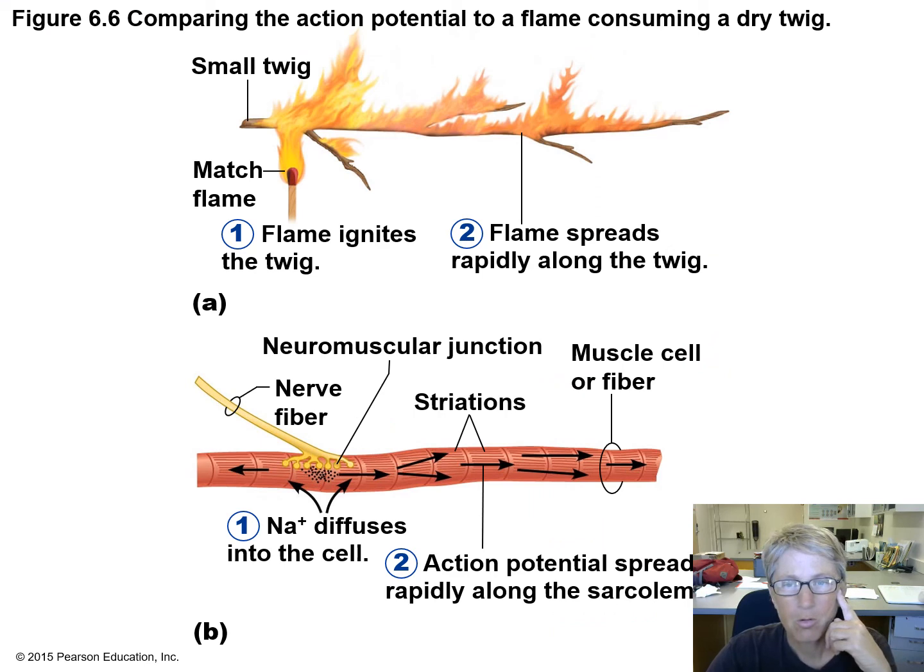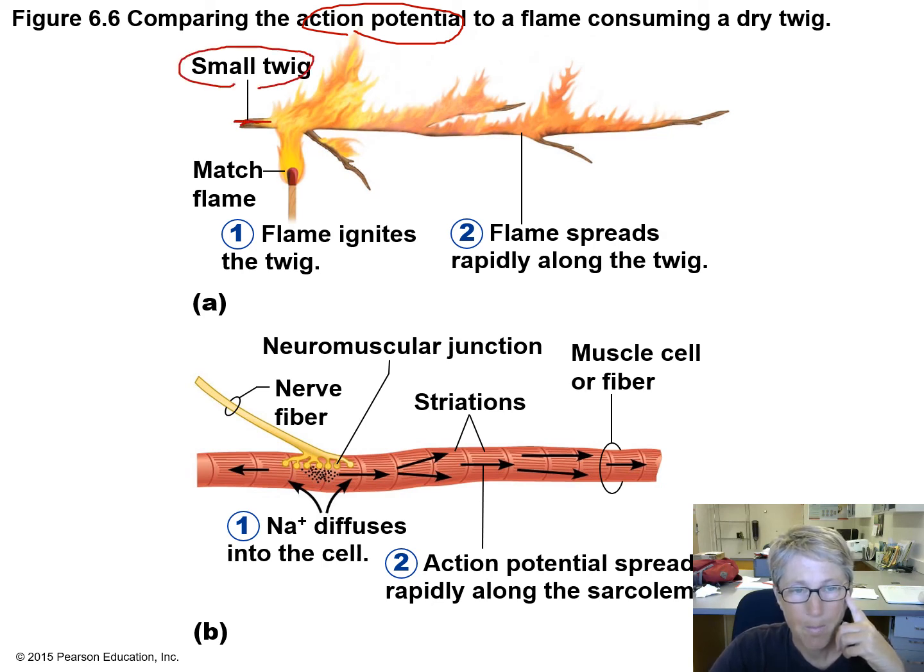And this cartoon is an analogy comparing the action potential we just talked about to a flame consuming a dry twig. So here's the small twig. Here's the match. The flame ignites the twig, and then the flame spreads rapidly along the twig.